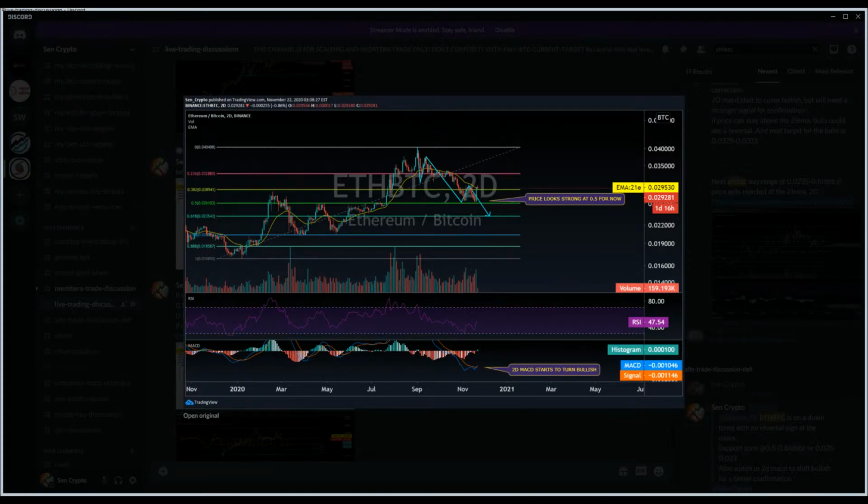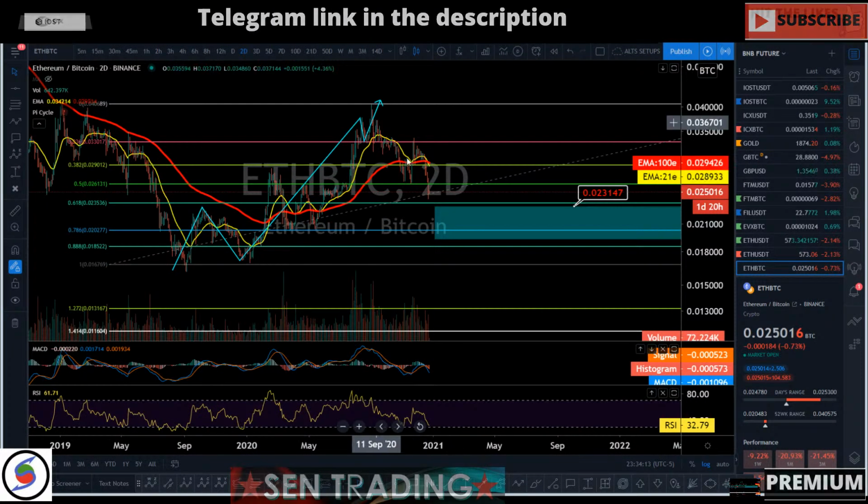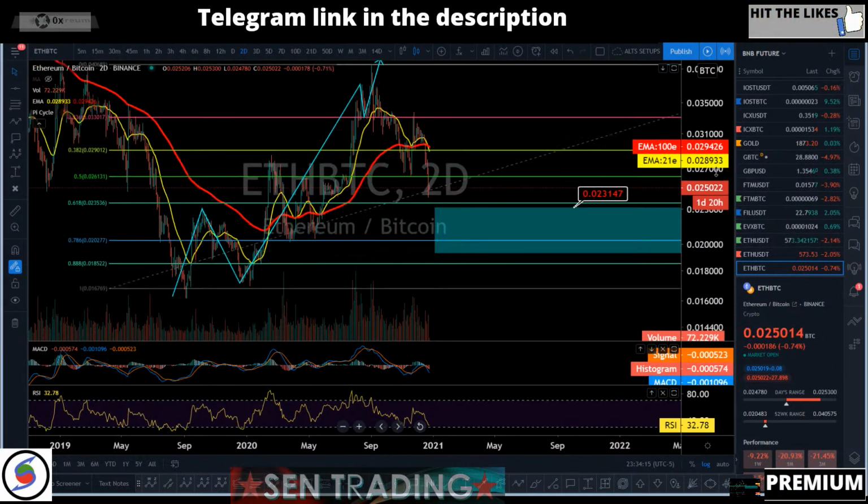Right here, you can see that's the move. That's the move, the second wave. This could be wave 1, that's 2, that could be 3, 4, and 5, right? But this could be the third wave. So you can see it dropped all the way down to a 50% pullback.